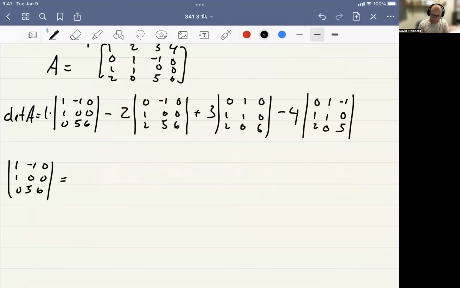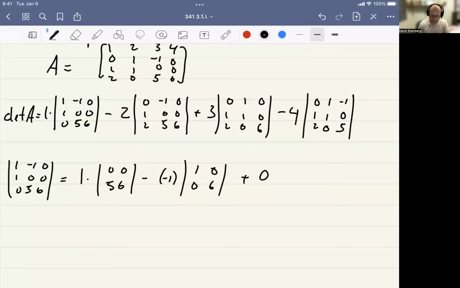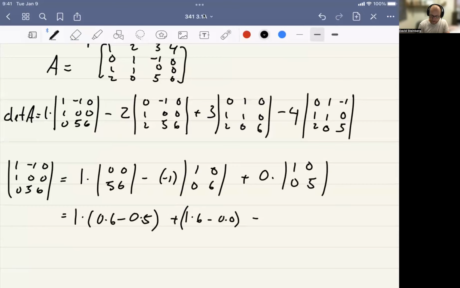So this is 1 times the determinant of 0, 0, 5, 6, minus negative 1 times the determinant of 1, 0, 0, 6, plus 0 times, well, it doesn't matter what we have here, but for formality we'll write it. So this looks like 1 times 0 times 6 minus 0 times 5, so that's 0. This is plus 1 times 6 minus 0 times 0, no problem there, plus 0. So this whole thing is just equal to 6.